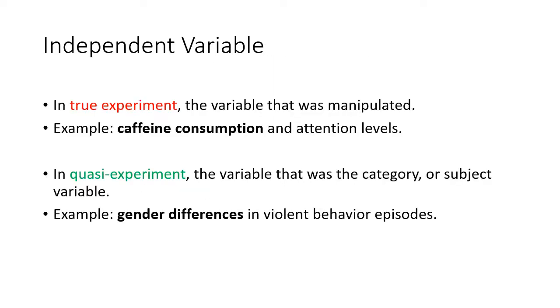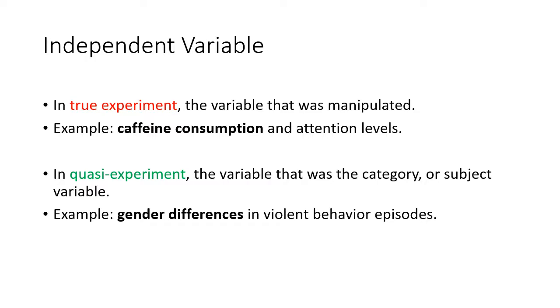Okay, so what is an independent variable? Well, in a true experiment, it's the variable that was manipulated. The example I give you here is caffeine consumption and attention levels. Let's say you are interested in knowing whether consumption of caffeine can influence someone's attention.